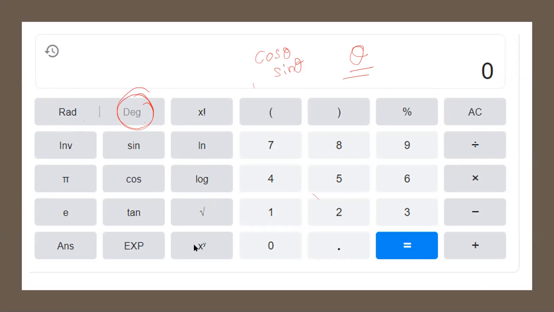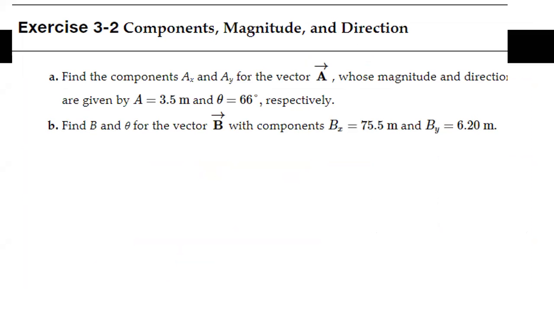Okay, so let's try. Okay, all right. So let's look at a problem. Find the components AX and AY for the vector A, now this is a real problem, whose magnitude and direction are given by what is this?